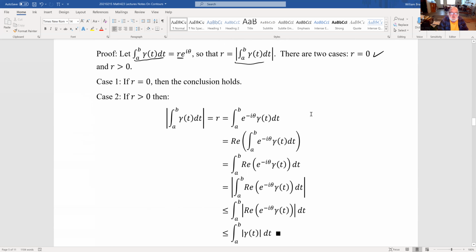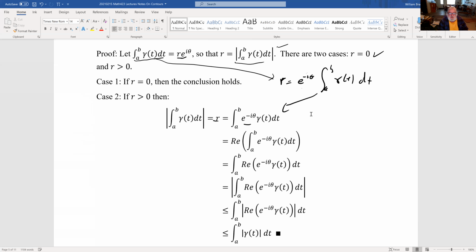Well, this integral is equal to r, but r is equal to e to the minus i theta times the integral from a to b of gamma of t dt. So multiply both sides by e to the minus i theta, and the e to the minus i theta can go into the integral.